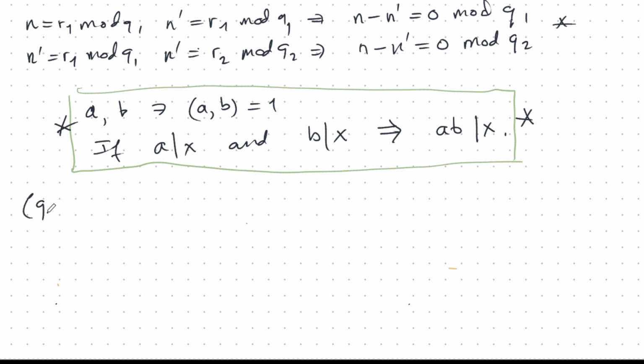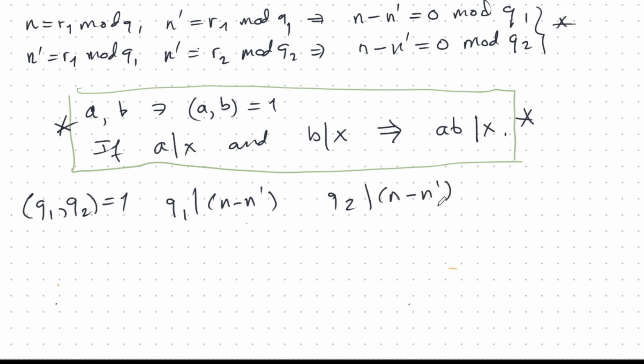Now, if you remember, we had assumed that q1, q2 is coprime. That's how the Chinese remainder theorem starts. And because of this and these two over here, I have q1 divides n minus n prime, and q2 divides n minus n prime. But since these two are coprime, I use my little Euclid type of theorem here, and I get q1 times q2 divides n minus n prime.